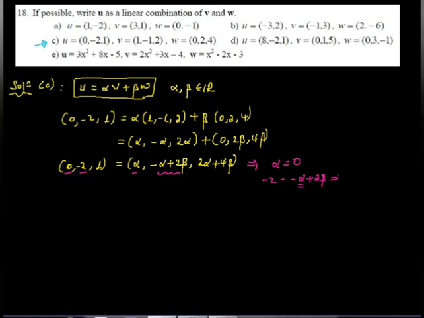So ምን ይሆናል ማለት ነው? ይሄ -2 is equal to 2 beta። ቤታችን ምን ሆነ ማለት ነው?